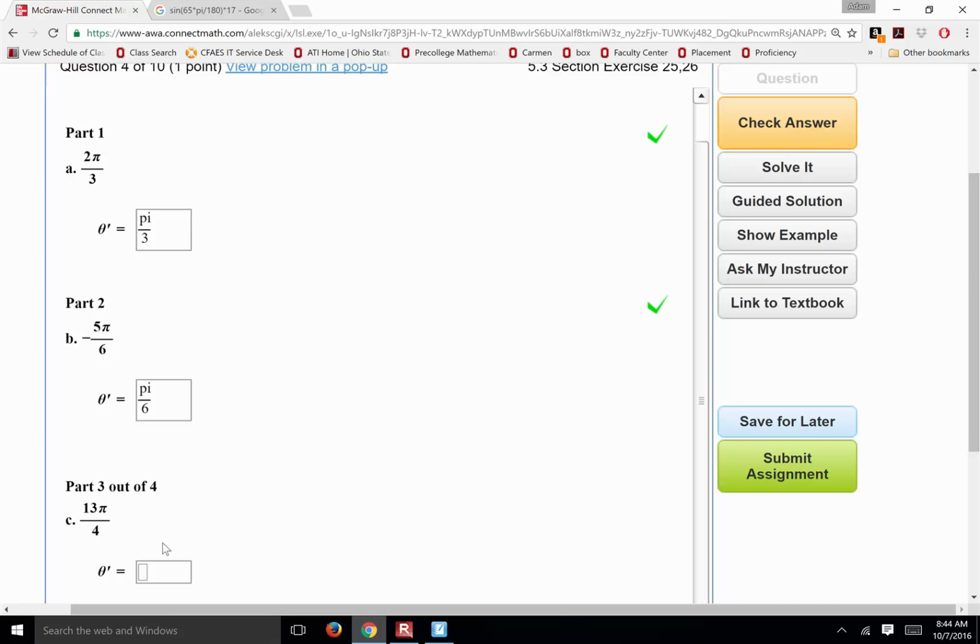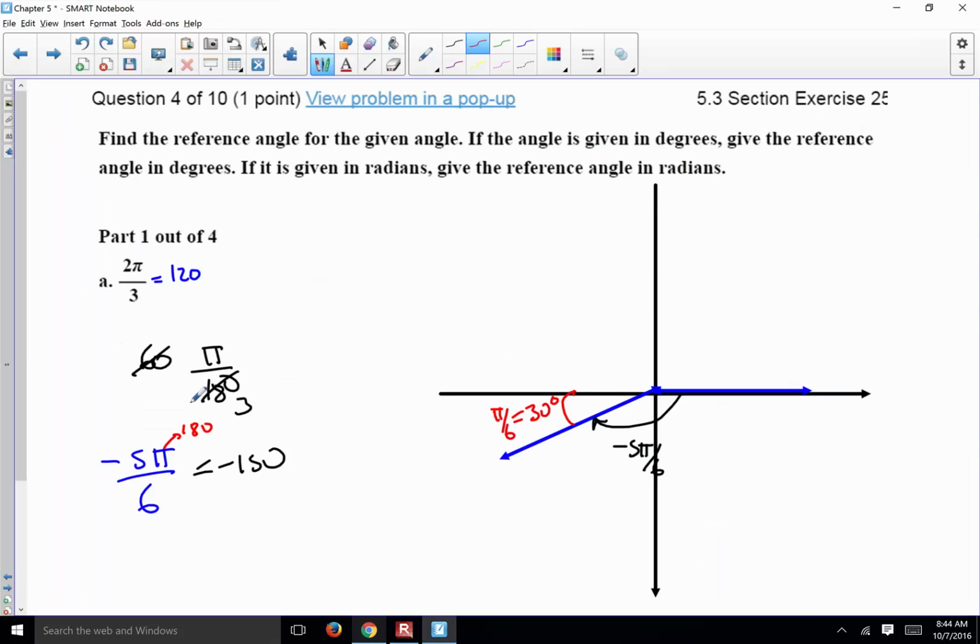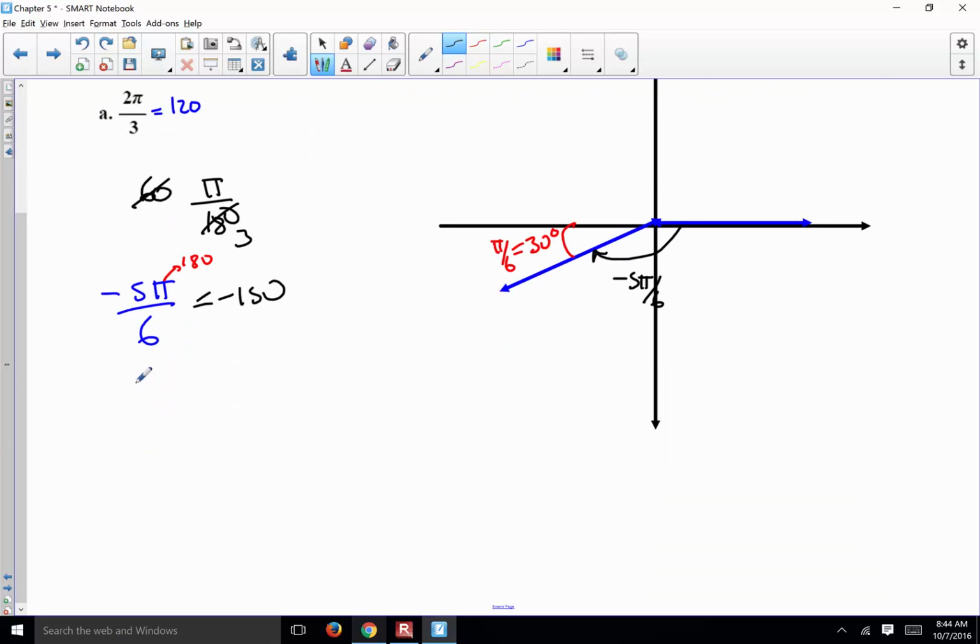Alright, why don't we do one more? 13 pi over 4. Oh, you can do this. If you see a big number divided by a small number, why don't you make a division and see if you can get any whole pies out of this? 13 divided by 4, how many 4s go in here? 3, 12, 1.